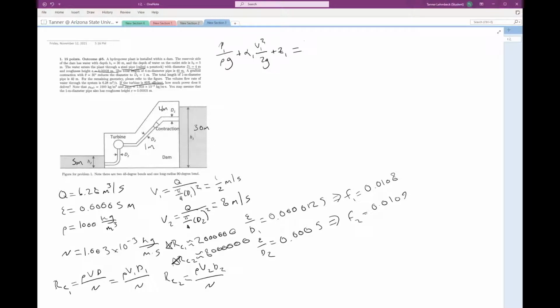Equals, plus Z2, and then I'm going to include my major loss, my minor losses, and then my turbine head as well. So this is that modified Bernoulli's equation.